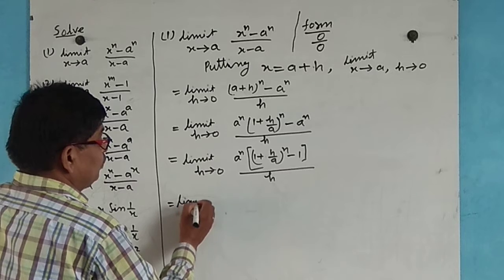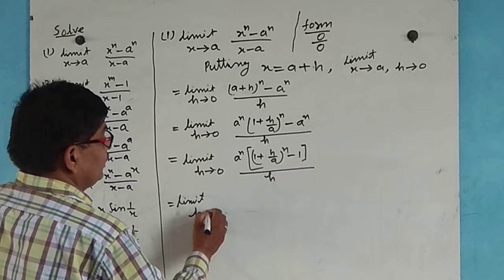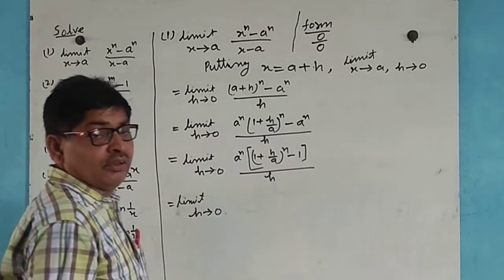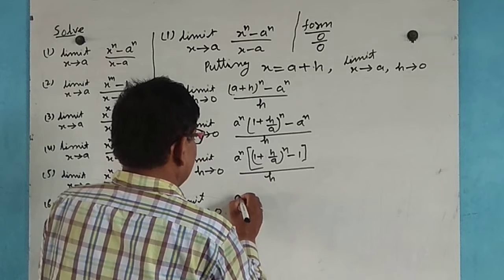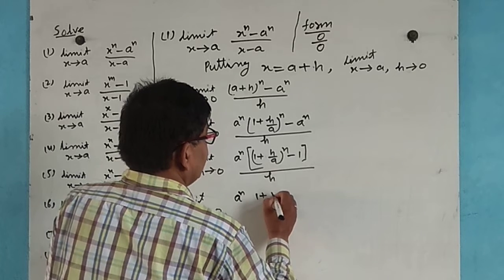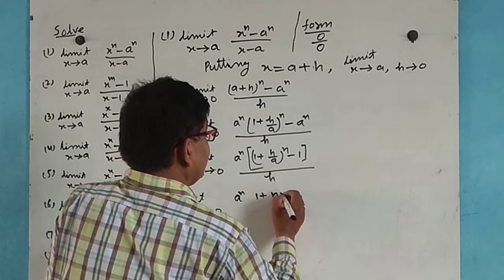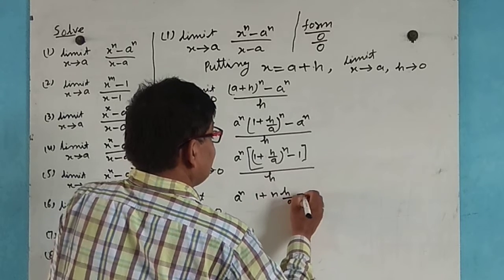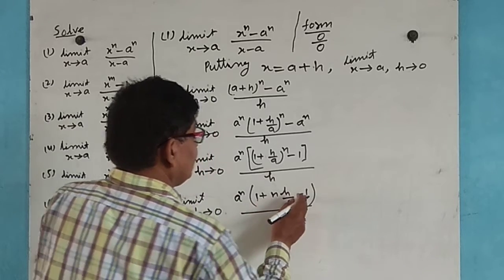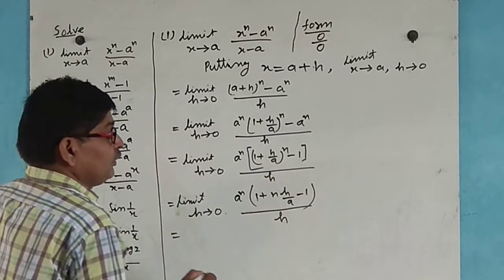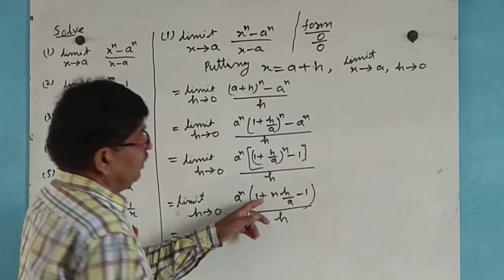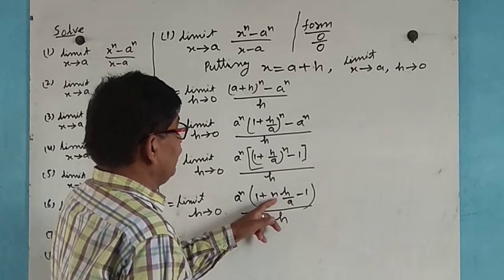Now using (1 plus x) to the power n equal to 1 plus nx, here a to the power n, 1 plus nh by a minus 1 divided by h. The 1 and 1 cancel, and h cancels, leaving n by a.